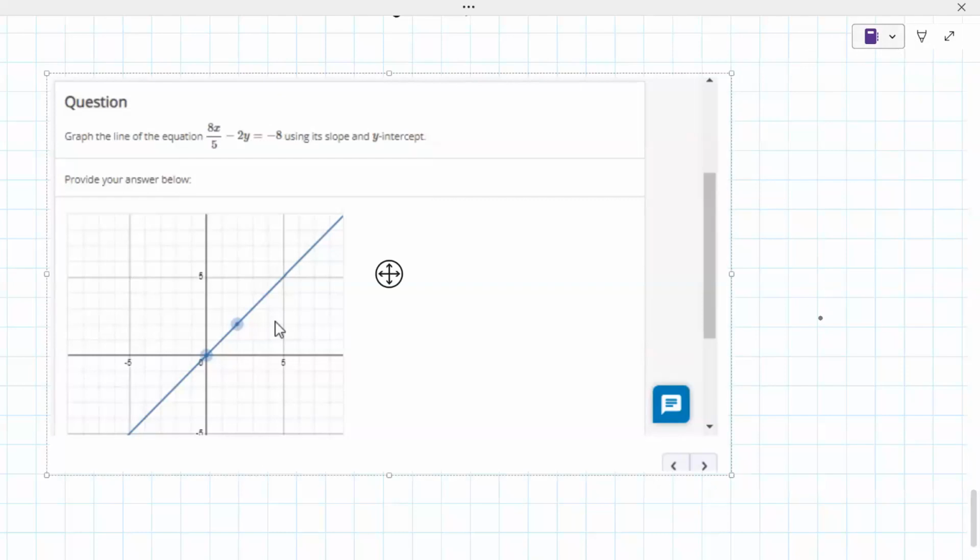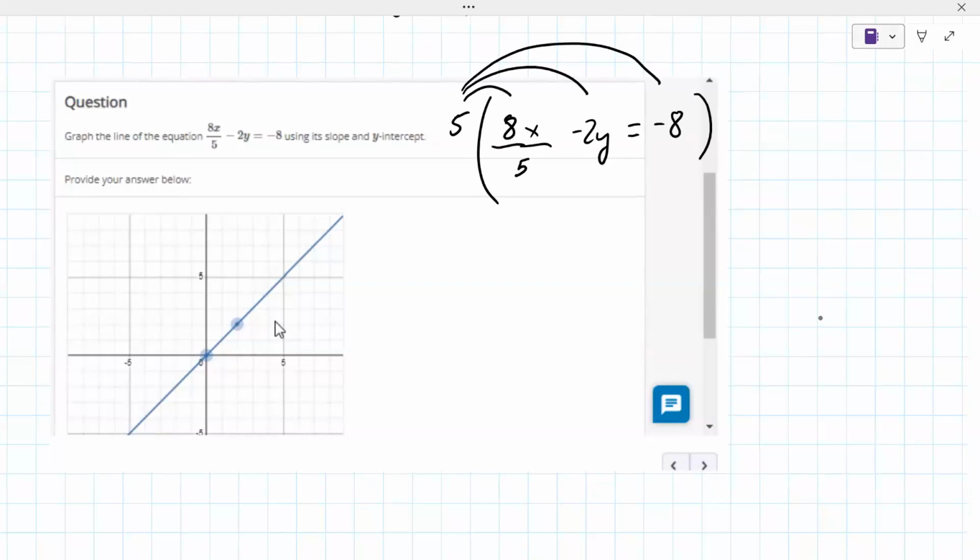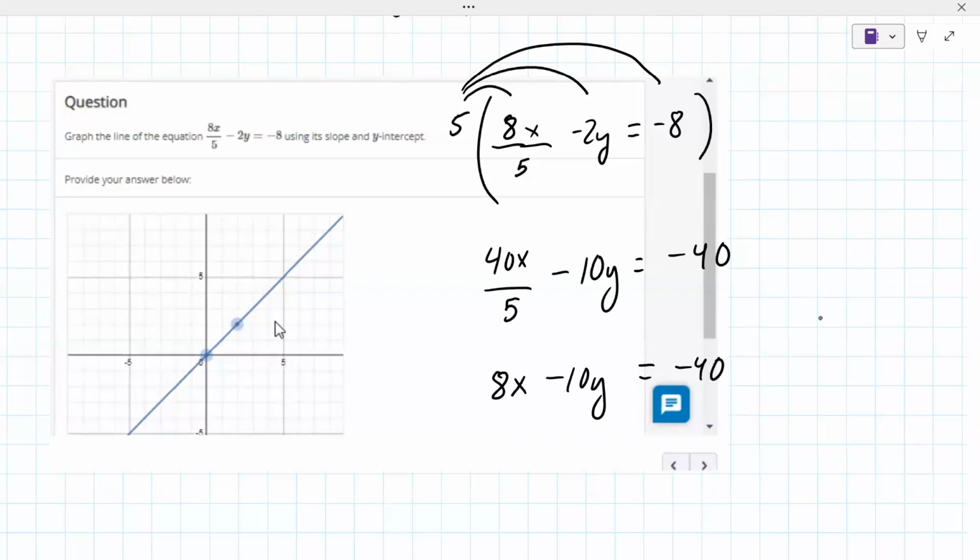There's a couple of things you can do when you have a fraction. One is you could clear the fraction by multiplying everything by the bottom number, which is probably what I would recommend at this point. So if we multiply everything by 5, you end up getting 40x divided by 5 minus 10y equals -40. Does that look okay to you? Yeah. All right, now 40 divided by 5 is 8, so it's really 8x minus 10y equals -40.